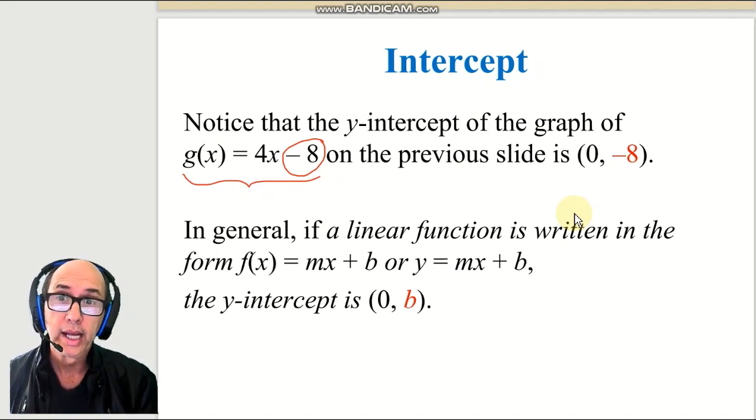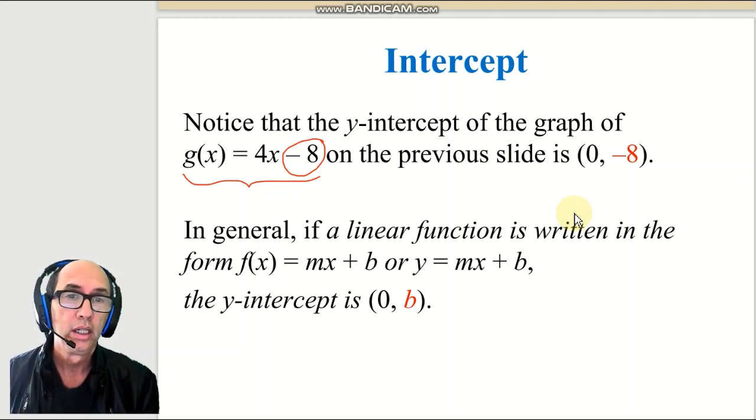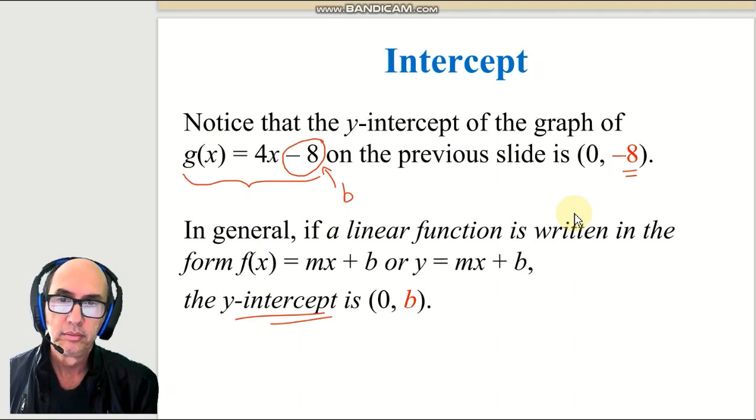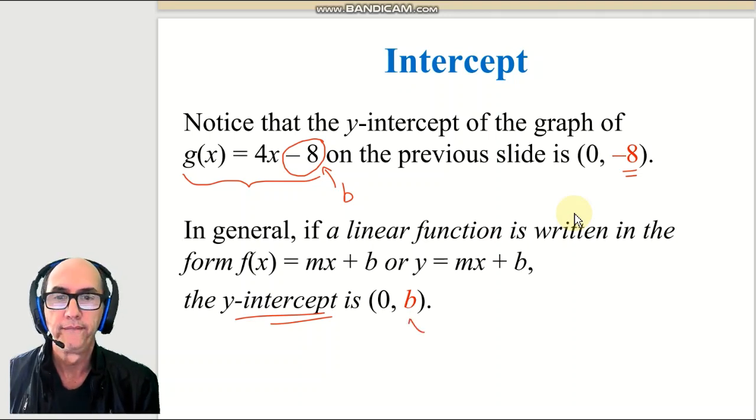This number, the constant in the function, is the y-coordinate of the y-intercept. In general, if a linear function is written in the form f of x equals mx plus b, the y-intercept is the value of b. Cool.